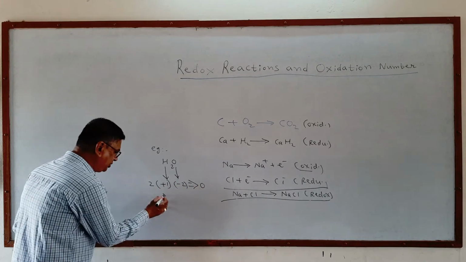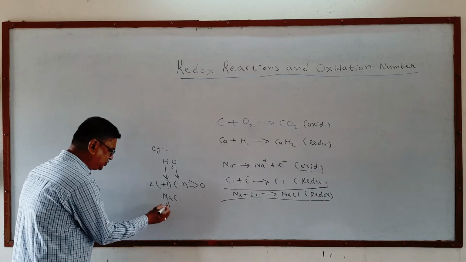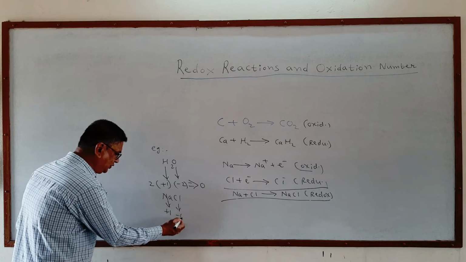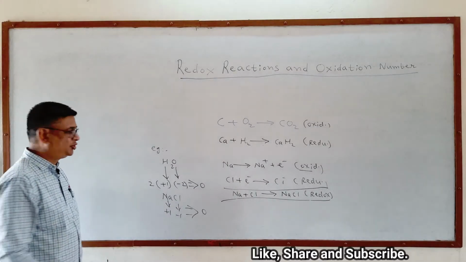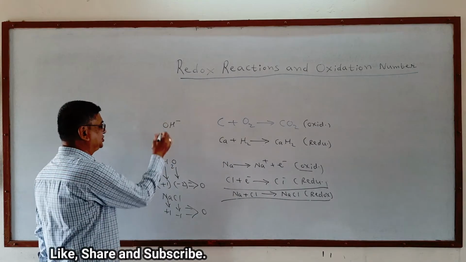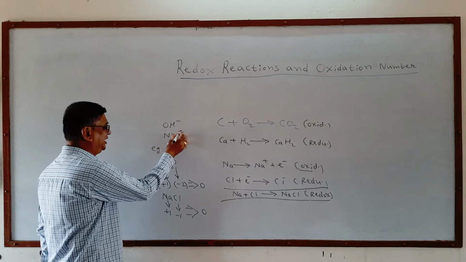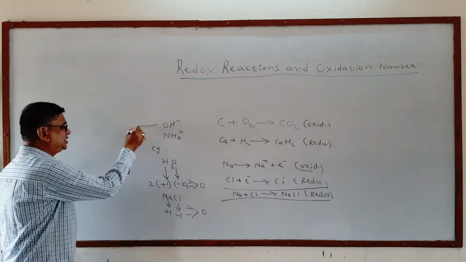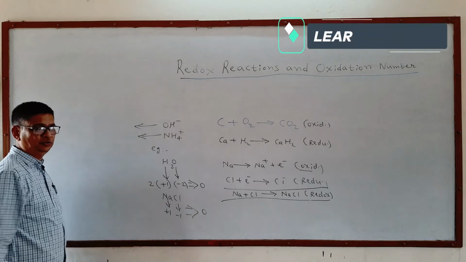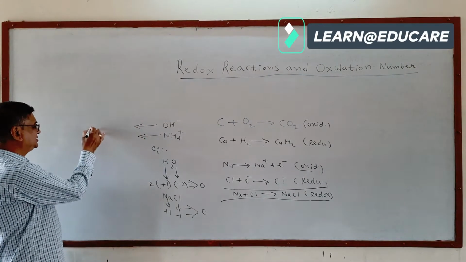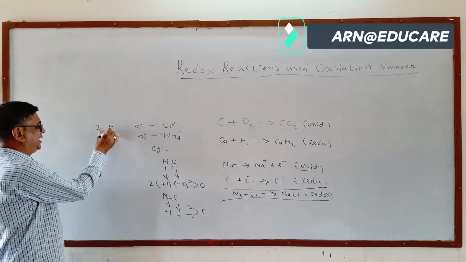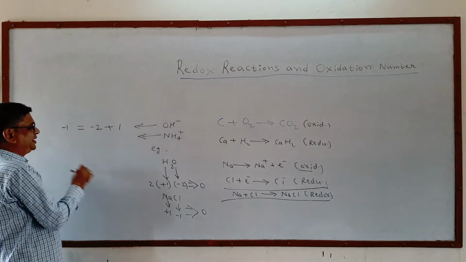If we take another example, NaCl, sodium has oxidation number +1, chlorine has -1, the sum is 0. However, if it is an ion, for example hydroxide ion OH- or ammonium ion NH4+, here the sum of oxidation numbers will not be 0. It will be equal to the charge on the ion. For example, in OH-, oxygen has oxidation number -2, hydrogen has +1, their sum is -1.